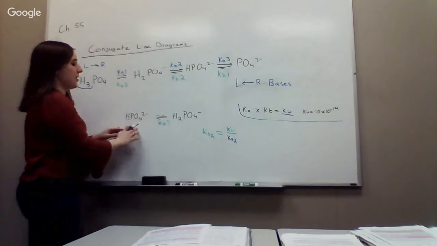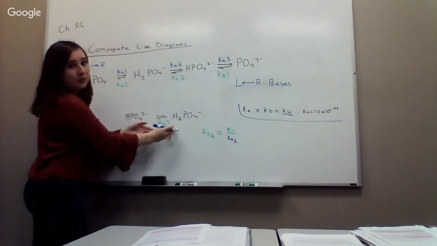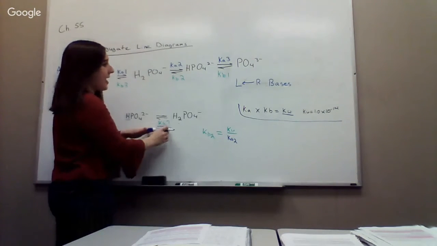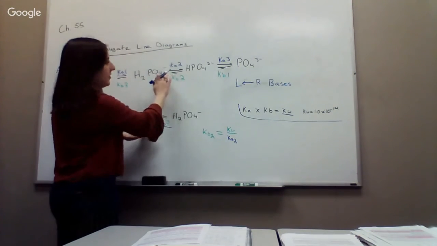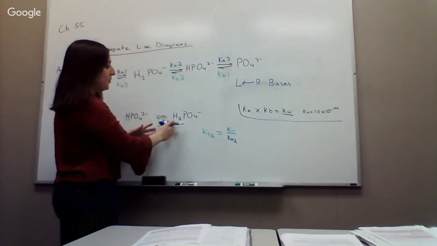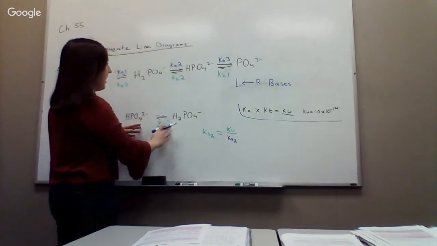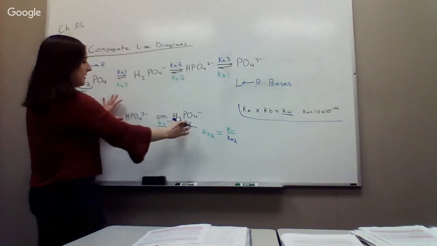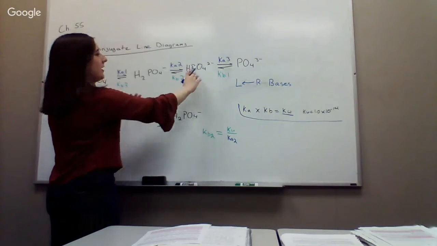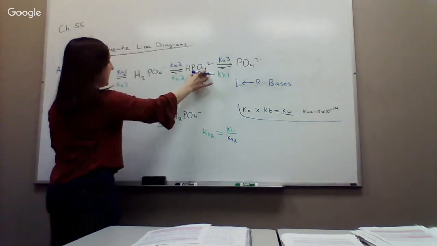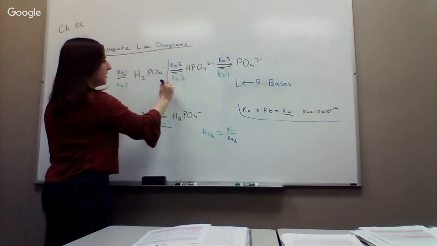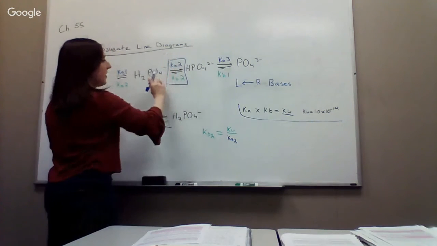For this particular problem, let's say we don't know our Kb, but we would know our Ka, which is given in the back of the book, but I will not assign numbers for this problem. So let's assume we do know our Ka. We can look back up, find this portion of our reaction in our conjugate line diagram, and I see that HPO4 2 minus going to H2PO4 minus is using these two values.